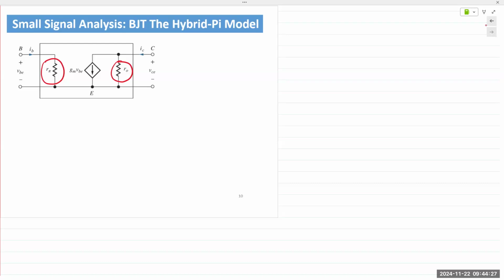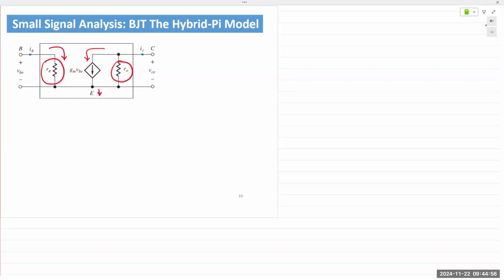It's not flowing out. They are both flowing into the transistor. So sign convention, of course, is that IB is coming in, IC is coming in. And then, of course, they both form the emitter current IE. Right? IC plus IB is IE.